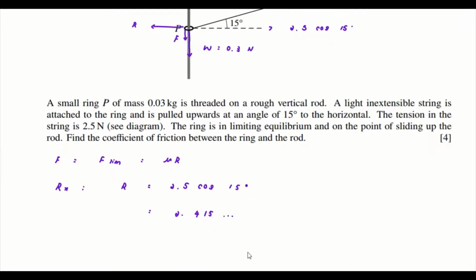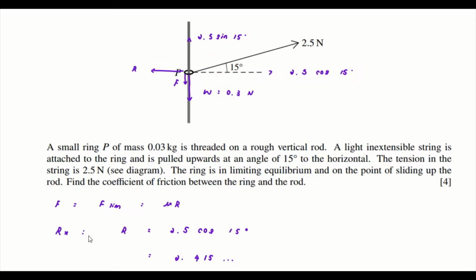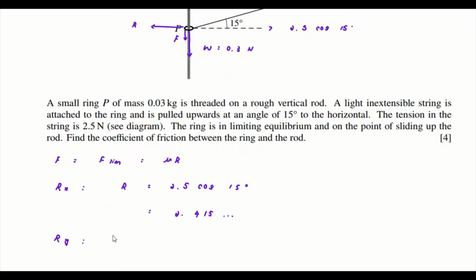After you get this, now we can resolve in the vertical component. Moving up, we have 2.5 sine 15, which is equal to moving down. We have the weight, which is 0.3, plus the friction that we have here. We can write friction, or you can straight away write mu R.